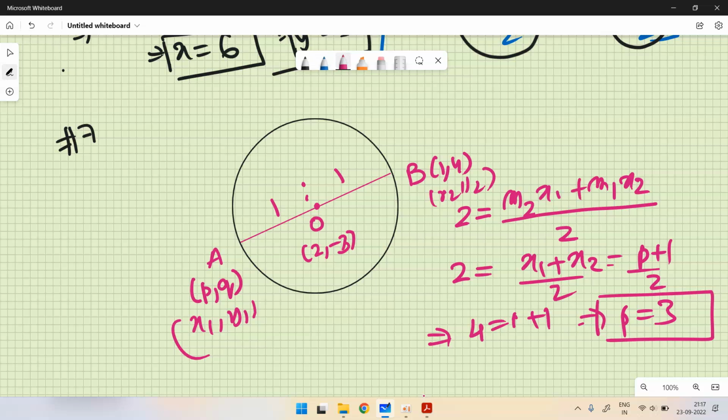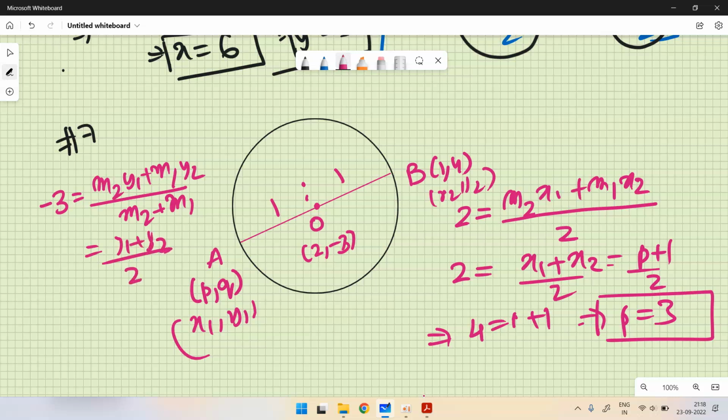Now I am doing the same thing with the y coordinate, -3. For O, the y coordinate is -3, which is (m2 y1 + m1 y2) / (m2 + m1). These are equal, so -3 equals (y1 + y2) / 2, so -6 equals y1 + y2. y1 is given to be q, and y2 is 4, which implies that q is -10.